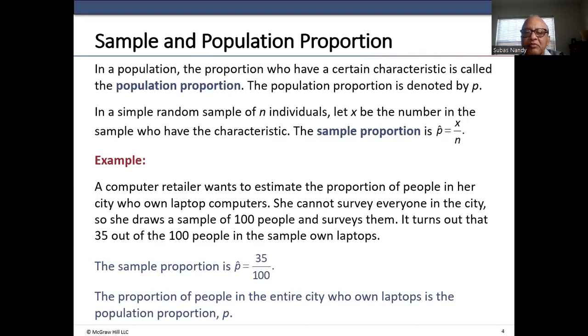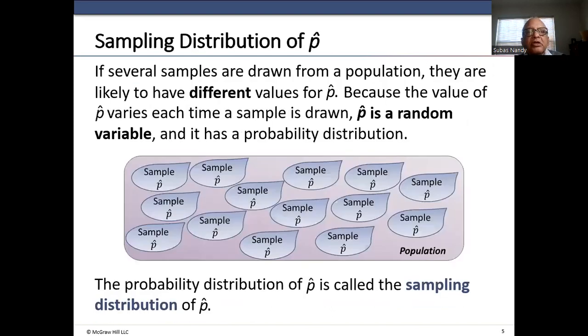So in the sampling distribution of P hat, you have probability or relative frequency on the vertical axis and the values of P hat on the horizontal axis. So here is the example that I was just talking about. The big rectangle is the entire population of city residents. And the ovals inside the rectangle are different samples of the same size.